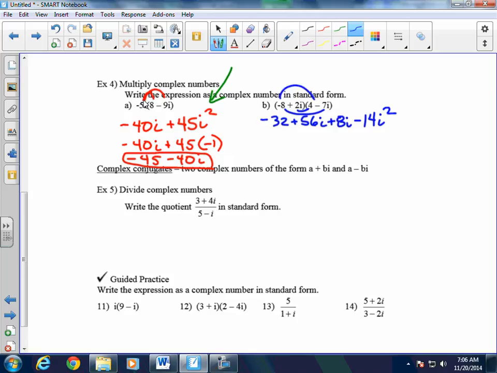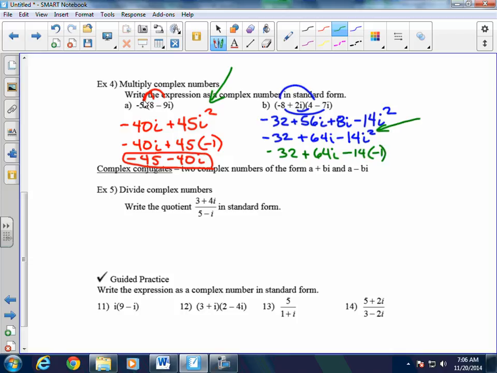So again, we're going to add our like terms, and we're going to end up with negative 32 plus 64i minus 14i squared. Once again, we're going to notice here we have an i squared. We can't have that. So it's going to be negative 32 plus 64i times negative 14 times negative 1. Well, that's going to be 14.